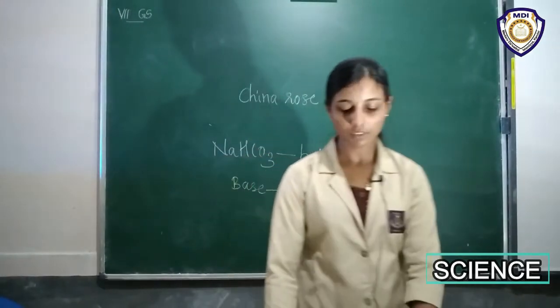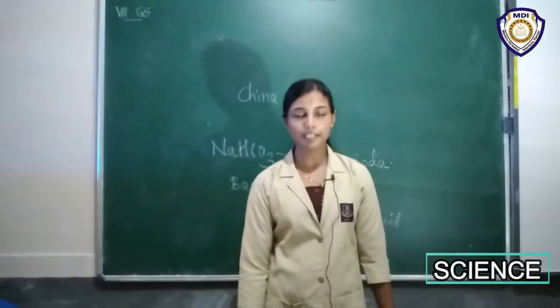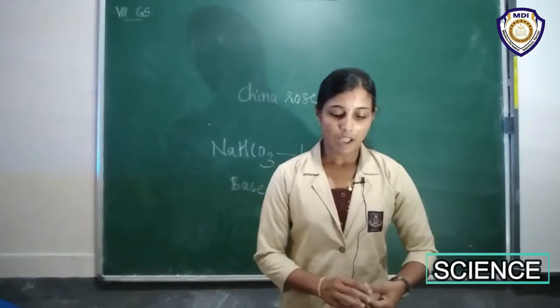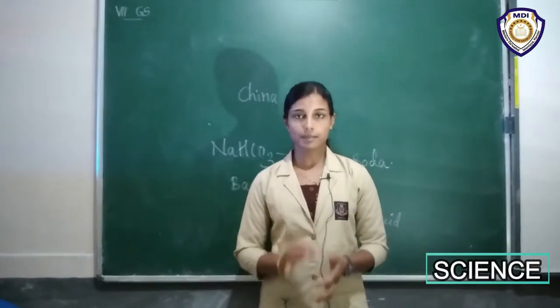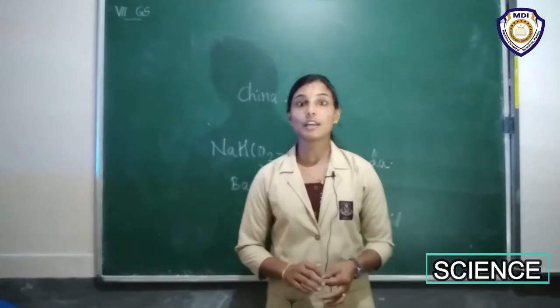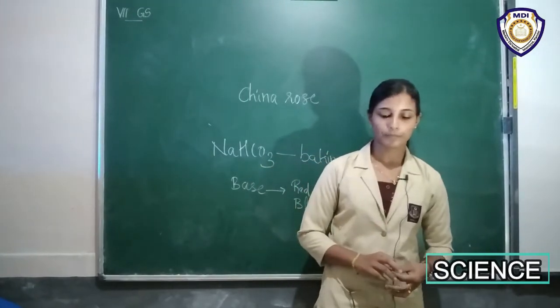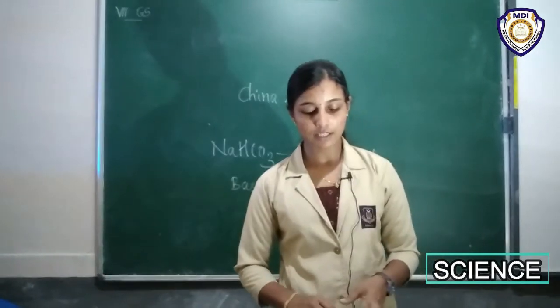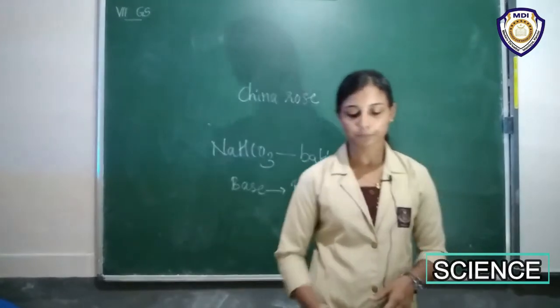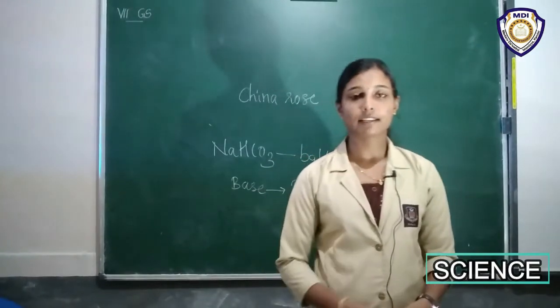And what will be the effect of China rose on ammonium hydroxide? Ammonium hydroxide is a base. That means the China rose changes its color into green. And calcium hydroxide, that is lime water, chunambu vellam, is also basic in nature. So that also gives the same effect.